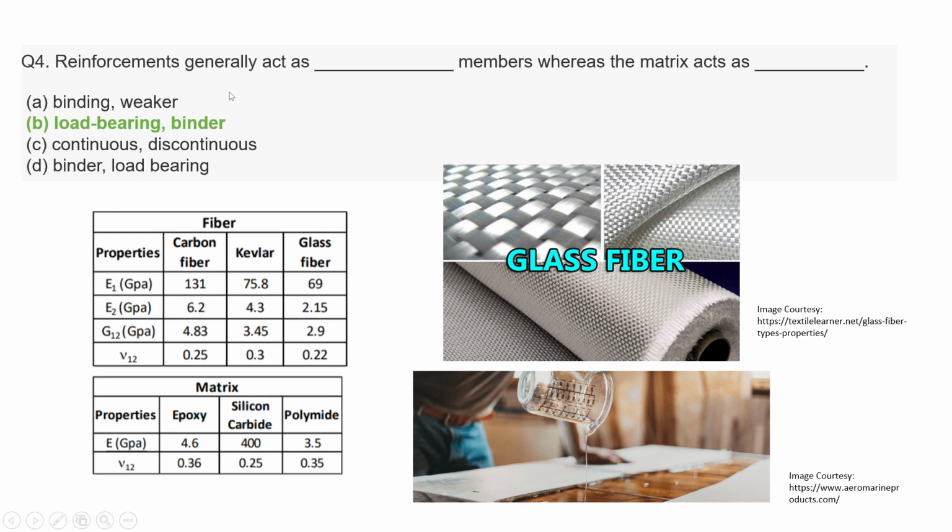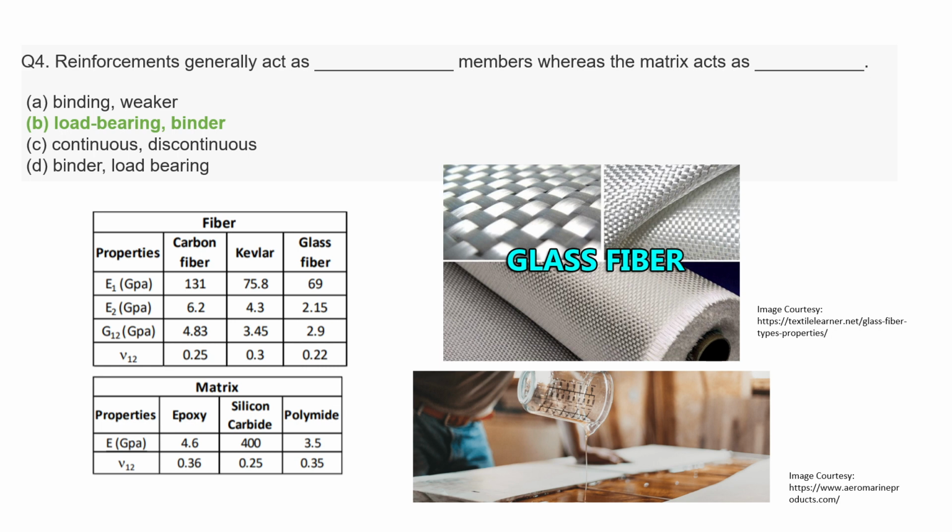Now for reinforcements, the first thing that came was polymer. This polymer's properties are not that good compared to other materials we use for daily use, like metal and ceramic. Composite came after; first polymer came. Then we thought, how can we enhance this polymer?